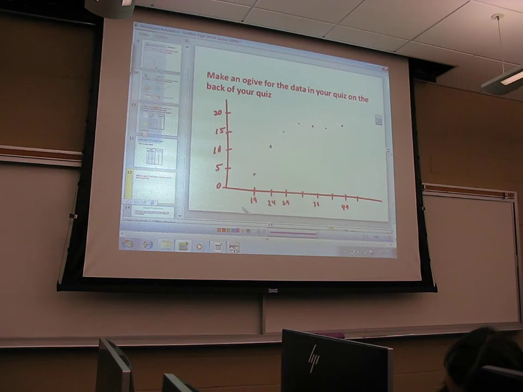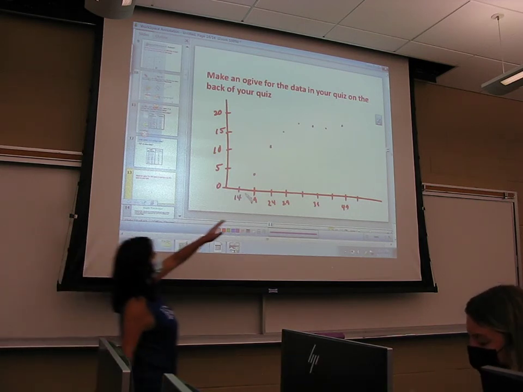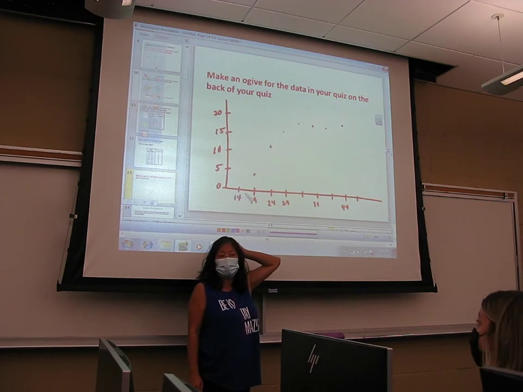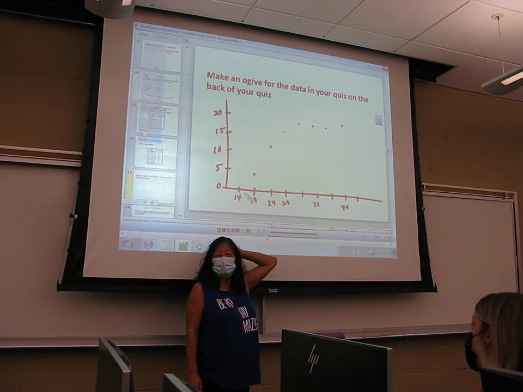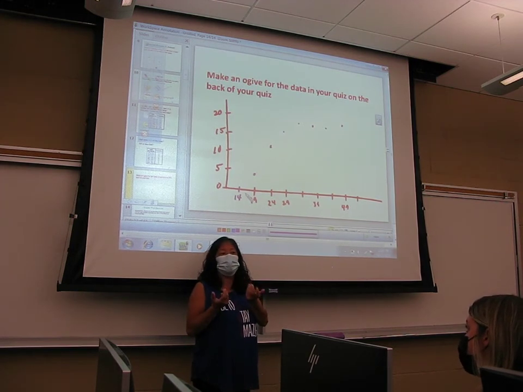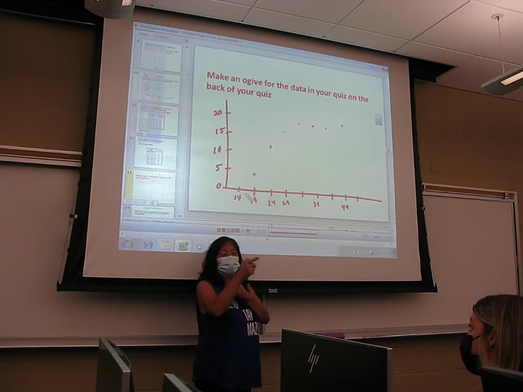All right, but remember, we had the anchor in the front. So I need to make another imaginary one here. If 4 people were age 19 or less, can we say that no people were age 15 or less? Can we use 15? No, because some people might be age 15, and they'd be in that class. So we could say no people were 14 or less.